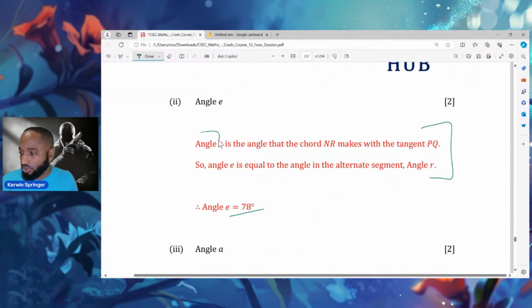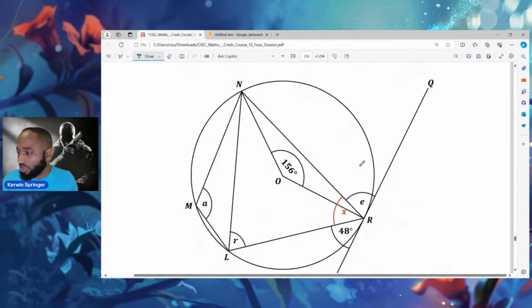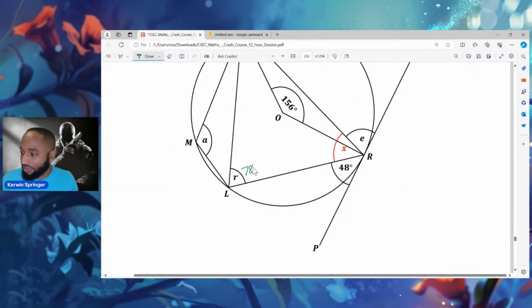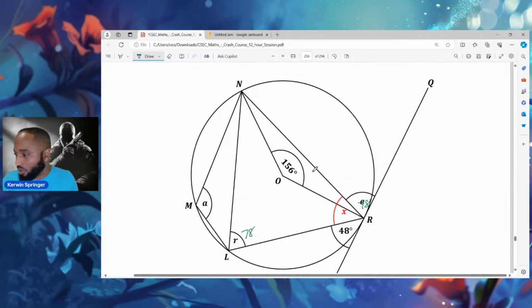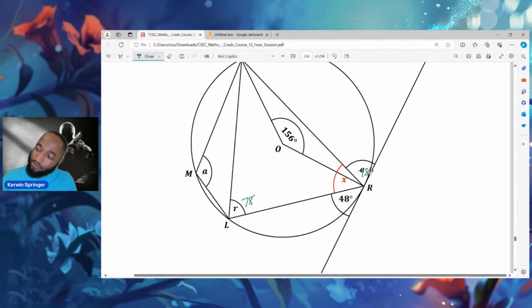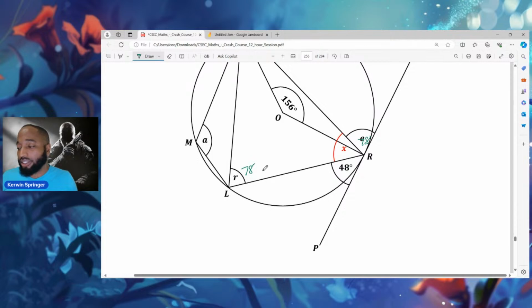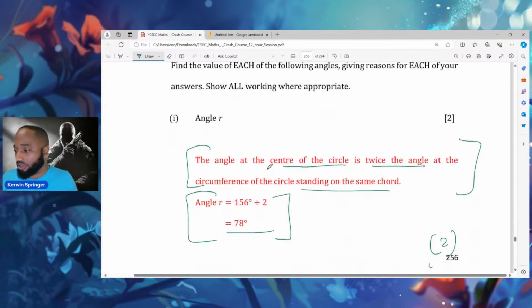Reason, we just do this. Angle E is the angle that the chord, you notice how I like to do it. I like to label each thing. So remember the question was that since this is 78, this is 78, the alternate segment theorem. So I say this chord NR and the tangent has to be 78 because the angle between the chord and the tangent is equal to the angle in the opposite segment in the triangle.